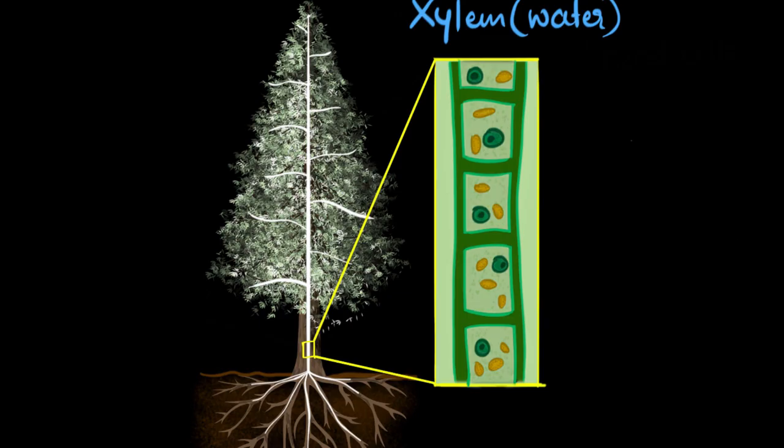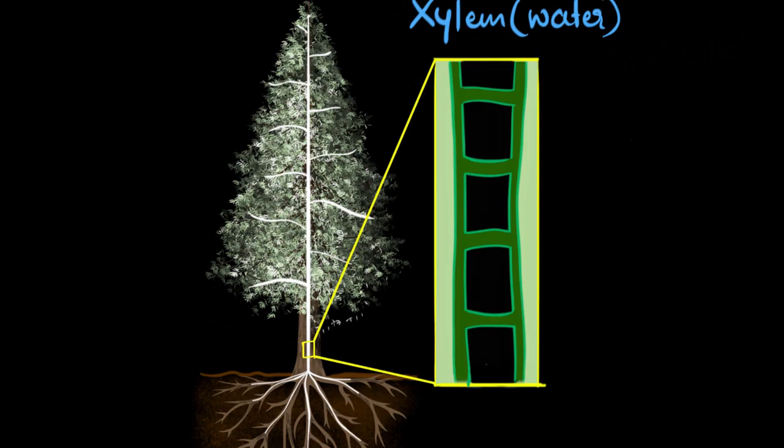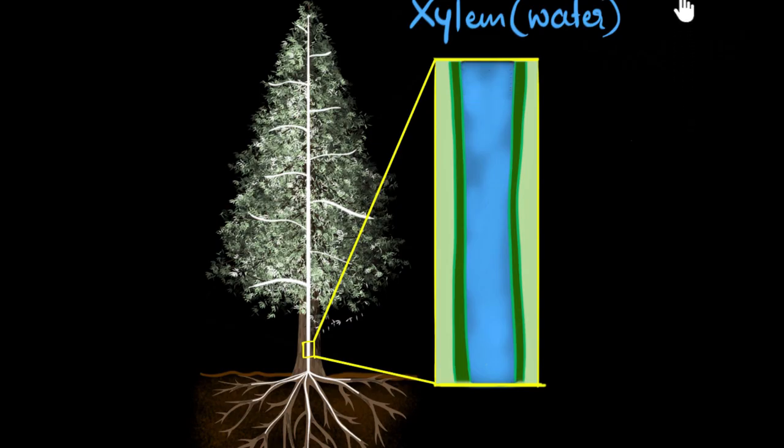They start losing their nucleus, their mitochondria, their cytoplasm, all of that is gone. And eventually they lose even these horizontal cell walls as well. And all the vertical cell walls join together to form a tall, empty pipe. That's our xylem. And since it's empty, we can now fill it up with water.